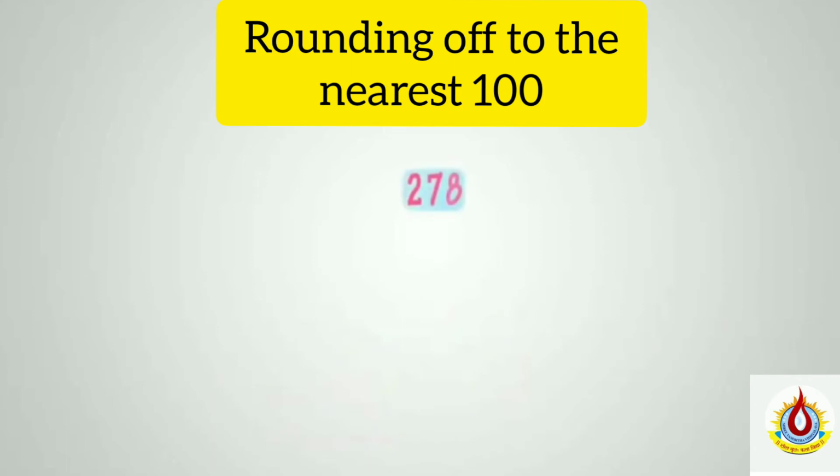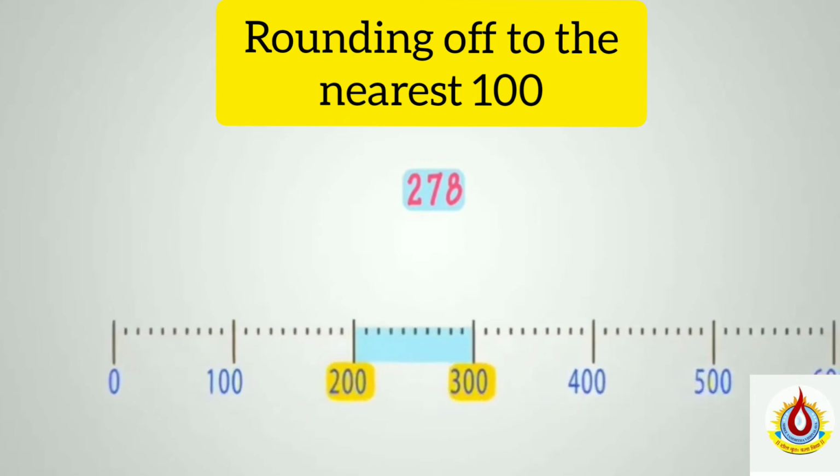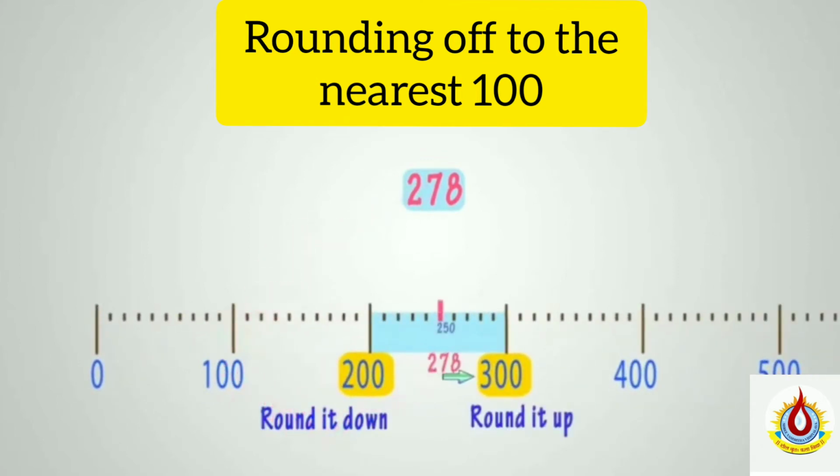Now another example, 278. First we will place it on the number line. It is somewhere between 200 and 300. And number 278 is above 250, that is above the 50 mark. So we will round it up to 300.